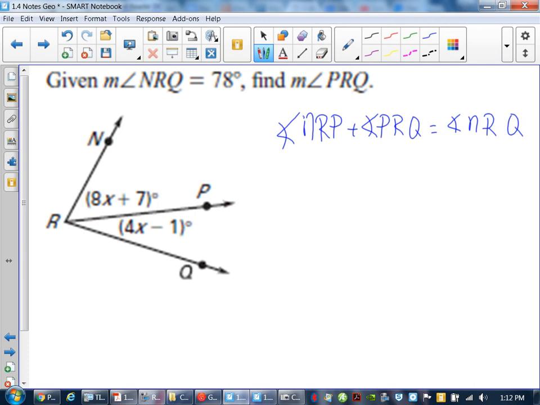For some reason, you guys think it's funny to say it. So angle NRP is 8x plus 7.